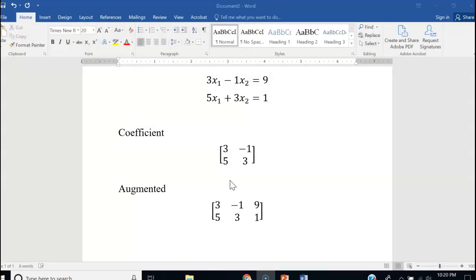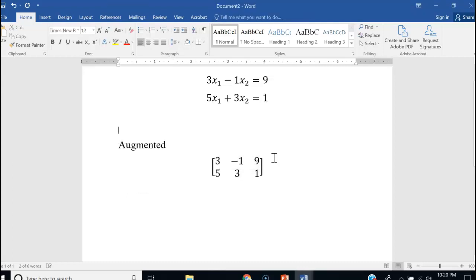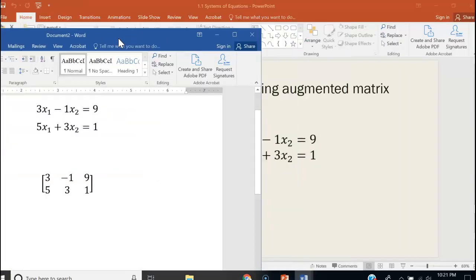If you've been paying attention, this was the exact same system we just had a second ago. 3x1 minus 1x2 equals 9. 5x1 plus 3x2 equals 1. So we're going to do this as a side-by-side look.